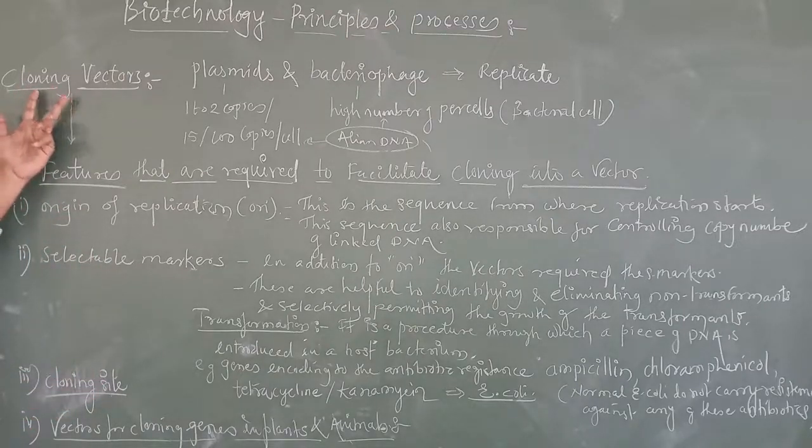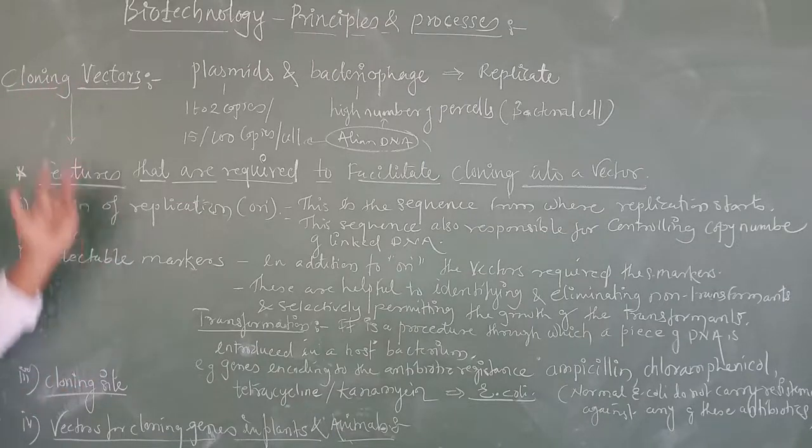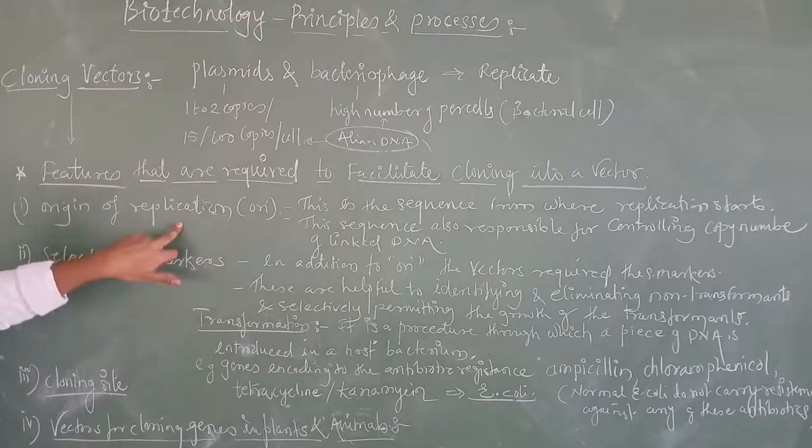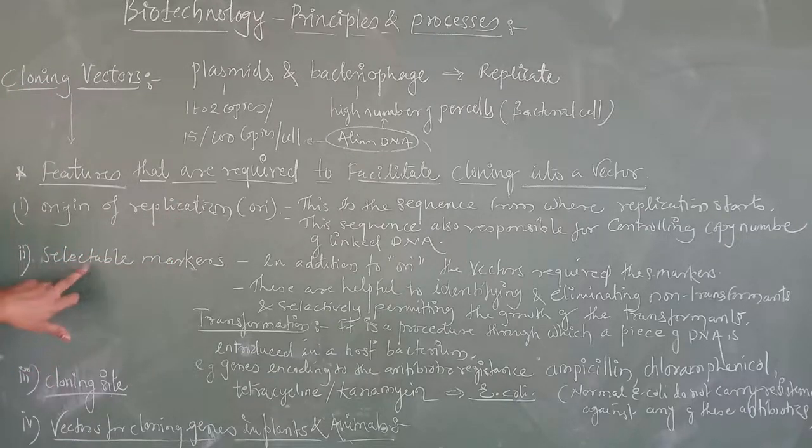That is very important. The first one is the origin of replication. The second one is selectable markers. The third one is the cloning site. And the fourth one is vectors for cloning genes in plants and animals.